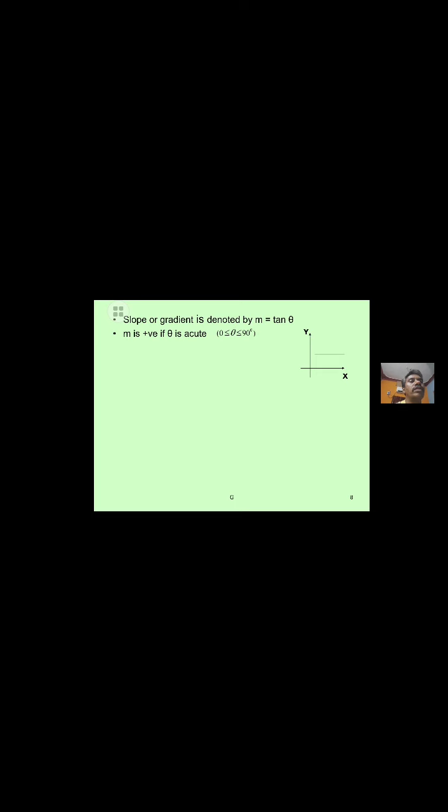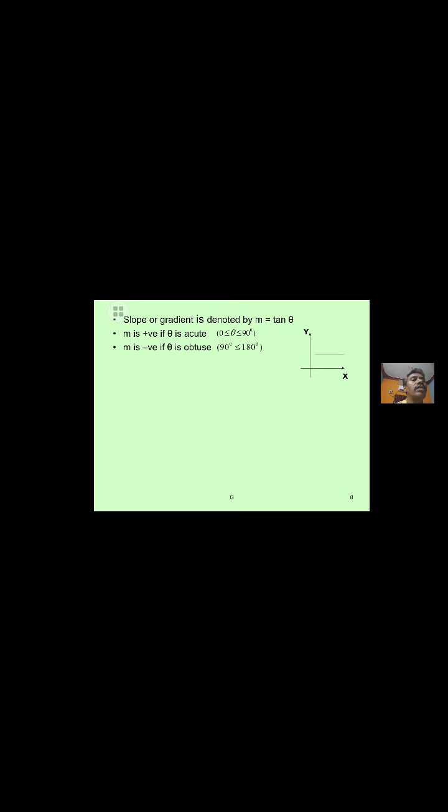m is positive if theta is acute. That means 0 is less than or equal to theta is less than 90. Less than 90 means it is a positive or acute angle, and the m value comes as positive. m is negative if theta is obtuse.